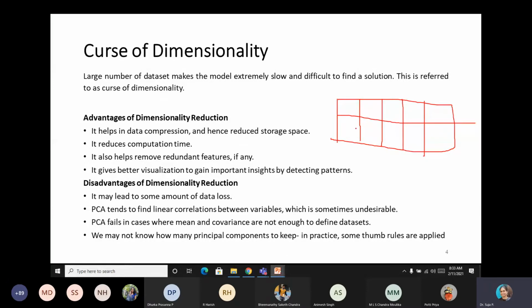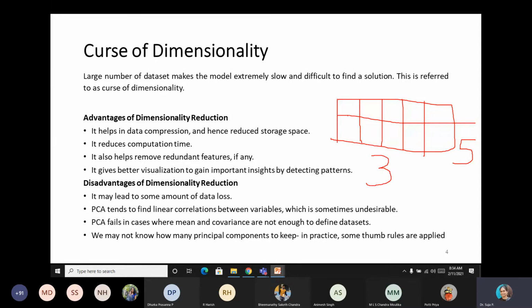So what we are trying to do in dimensionality reduction is, suppose I have 5 features. It is not like out of 5 I will randomly choose any 3, or eliminate 2 and choose the first 3. No, it is not like that. Suppose there are 5 features in total, but finally when I reduce, I have 3 features.